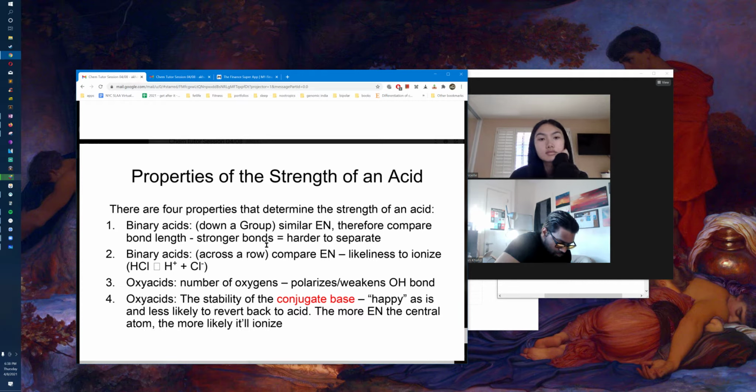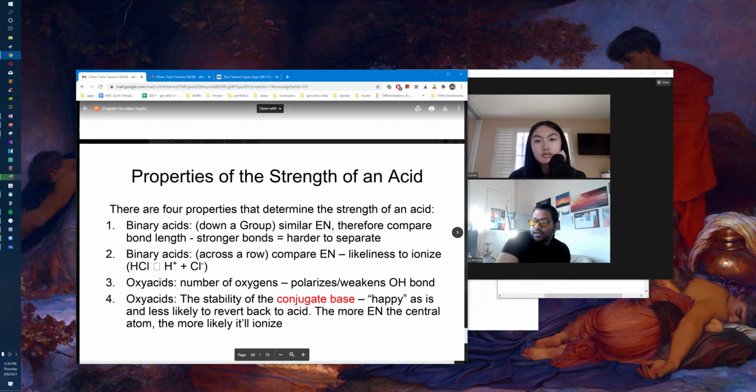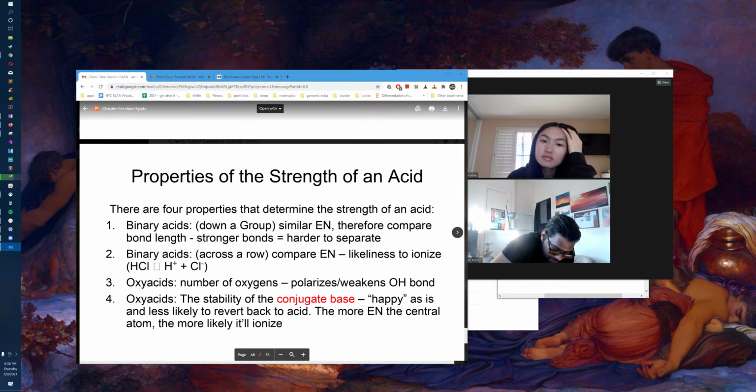The more stable the conjugate, it could be the conjugate acid or the conjugate base, the stronger the base or acid, respectively.